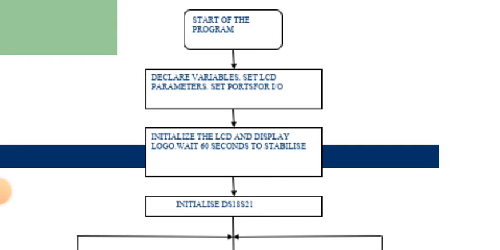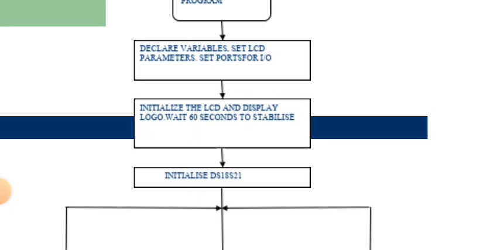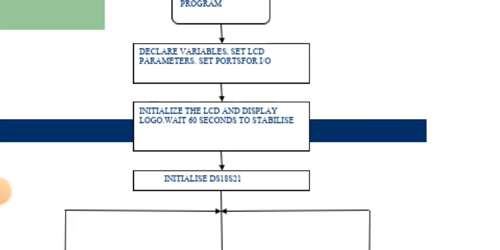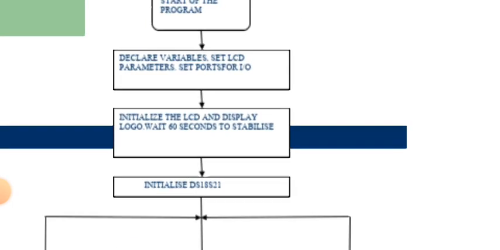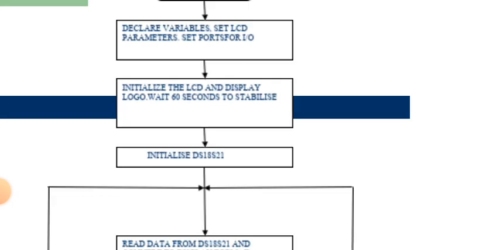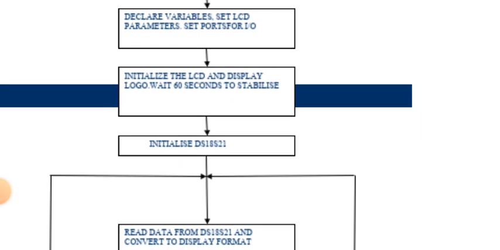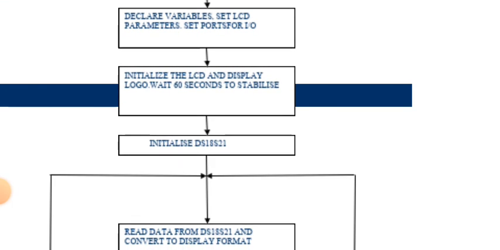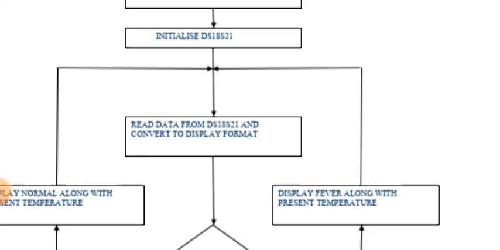Then later on, it needs to initialize the LCD screen, display the logo, and wait maybe for 60 seconds to stabilize as we work on collecting data. Then we shall initialize DS18S21, which is a sensor that I'll be discussing later on in this lecture.